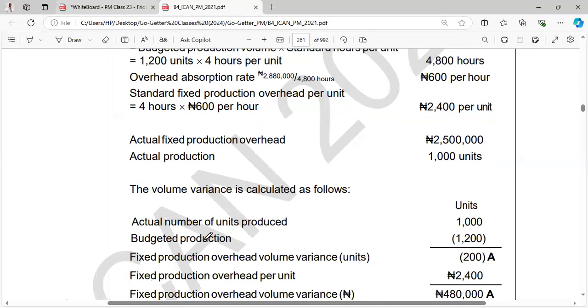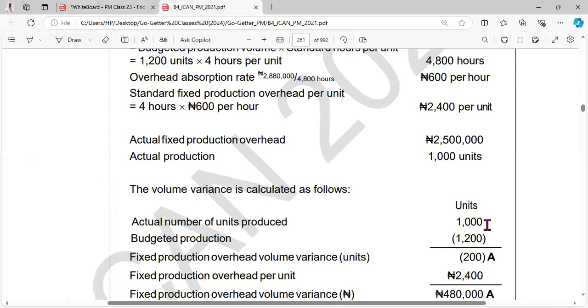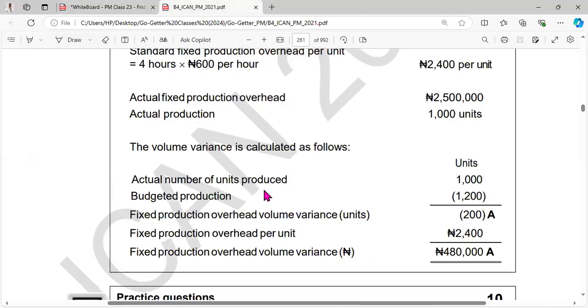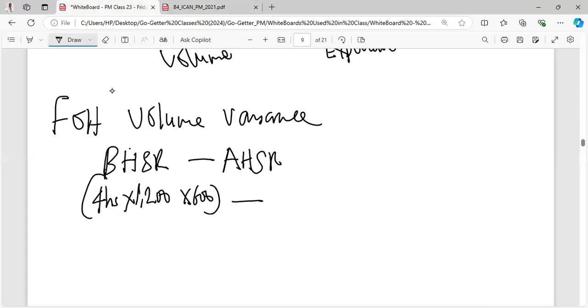Oh, sorry, actual hours at standard rates. What we did here: the actual number of units produced is 1,000 units. So 1,000 multiplied by 4 times the standard rate of 600.